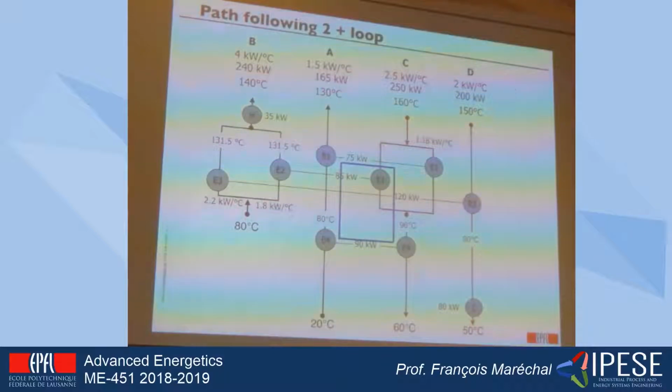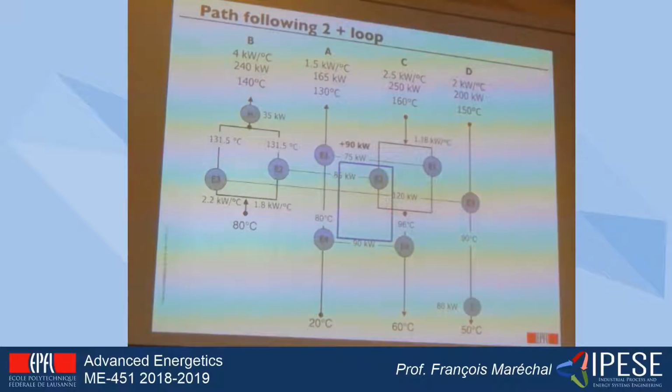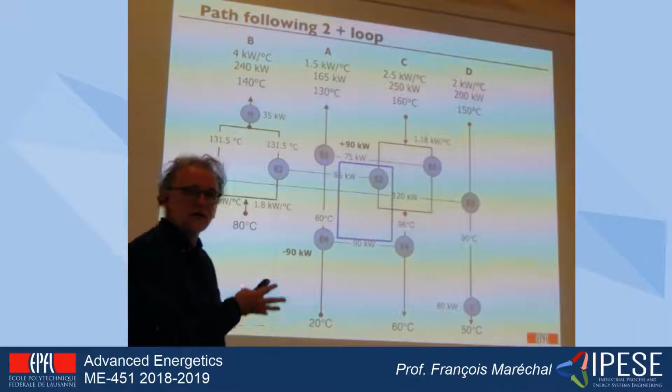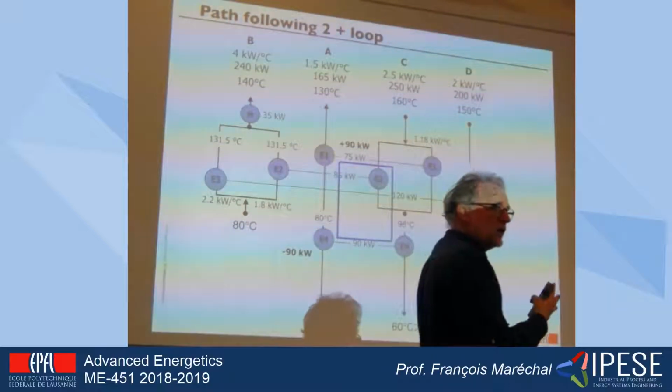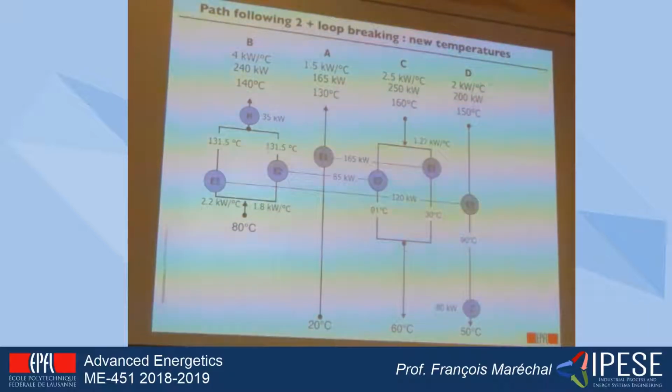Of course, in this case, it is across the pinch. But nevertheless, if I increase the heat load of E1 by 90 kilowatt, I will reduce the heat load of E4 by the same amount just to satisfy the energy balance on streams A and C. Okay? So it allows me to suppress E4 in this way.